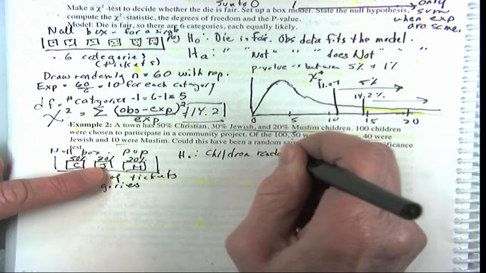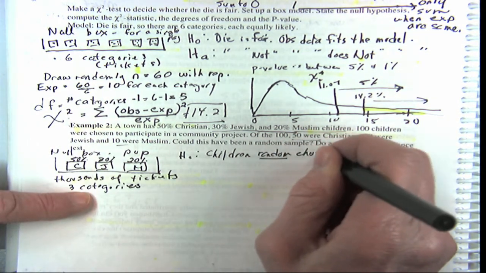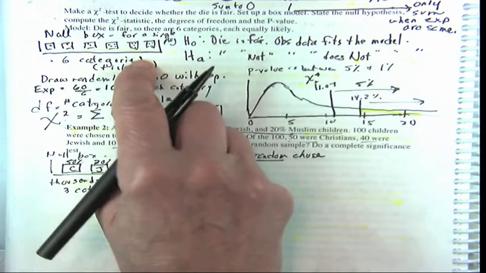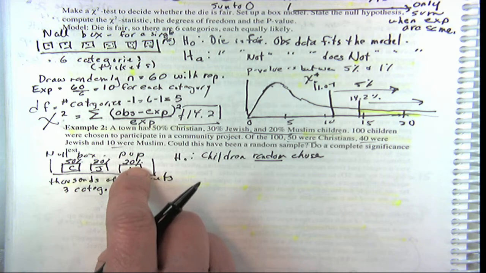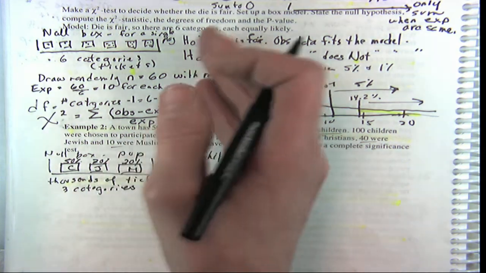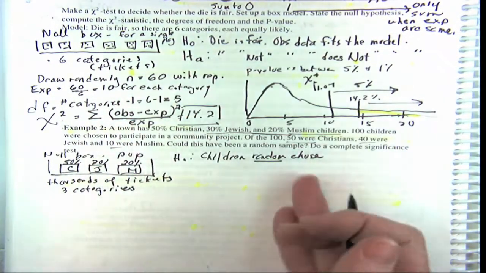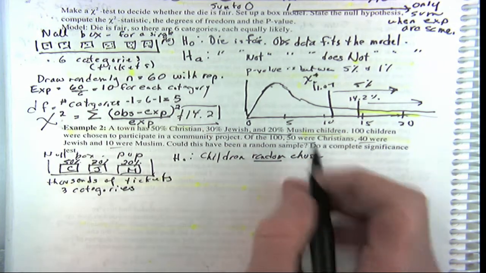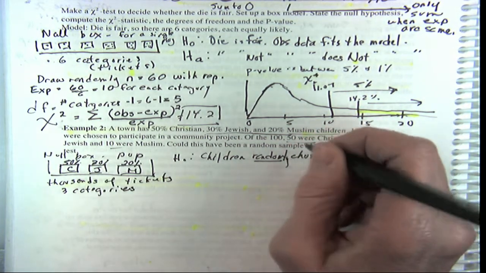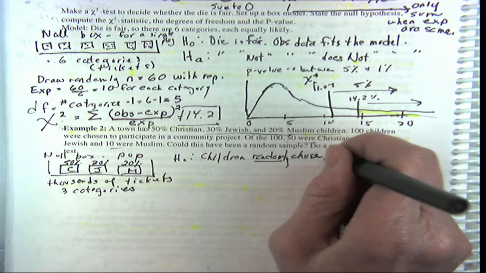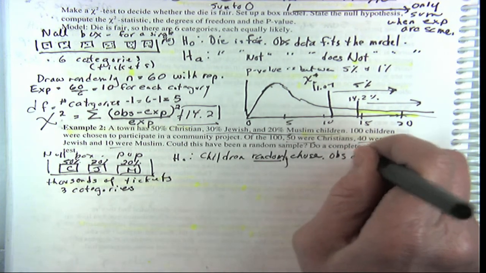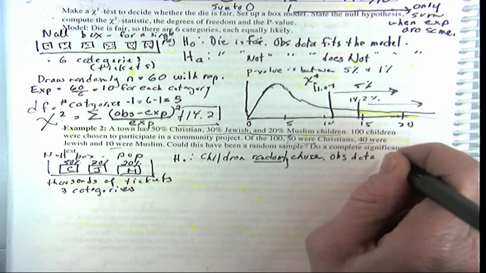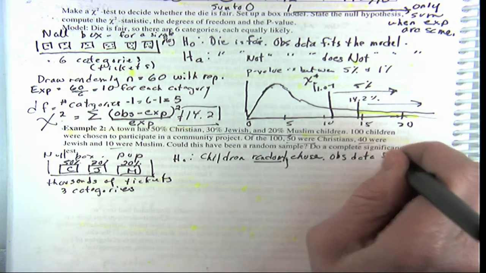You need some kind of randomness in there, otherwise you can't do any significance test. So that's what you have to be able to translate. For these two cases, we can. Children randomly chosen. Then you can say that our observed counts, our observed data, fit our model.